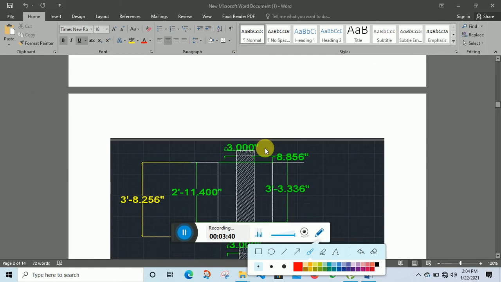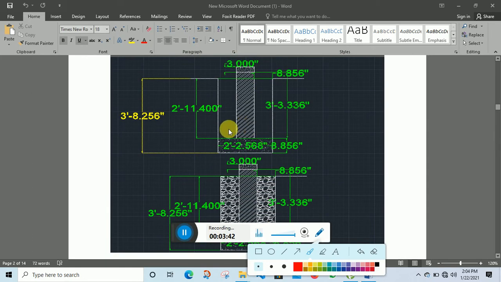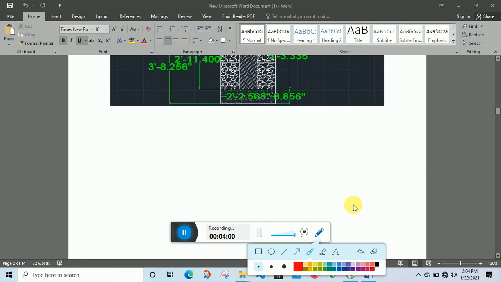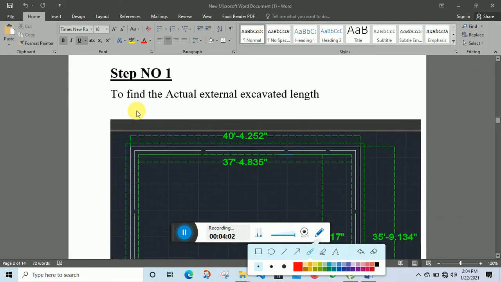This is the combined cross section before and after filling up the empty spaces. The overall depth of excavation is 3 feet and 8.256 inches. First of all, step number 1, find the actual external excavated length.